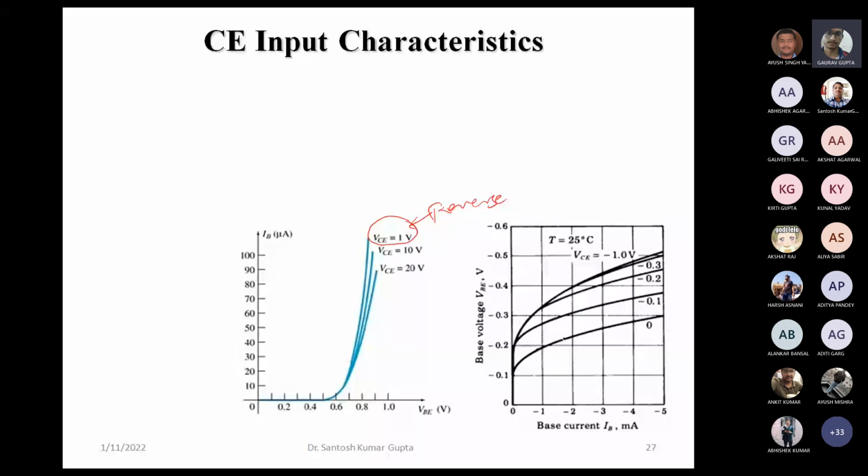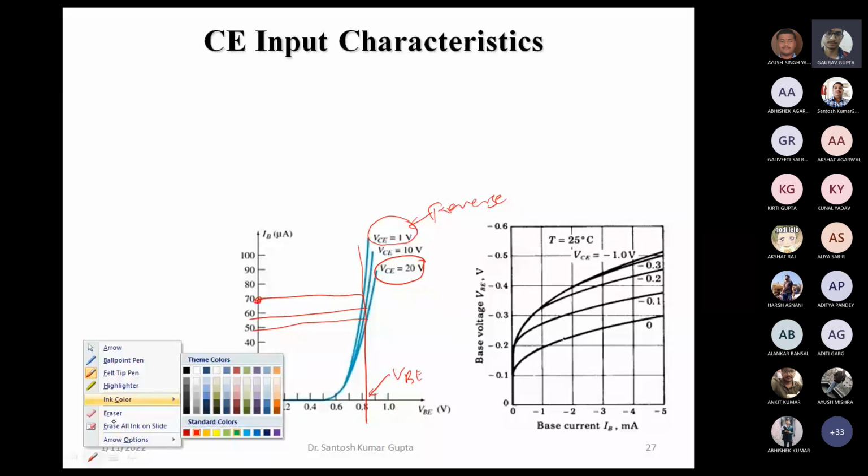This can be seen by just placing a line here. So for the same VBE, we have a higher current, whereas if this VCE is increased here, then the current is decreased here.